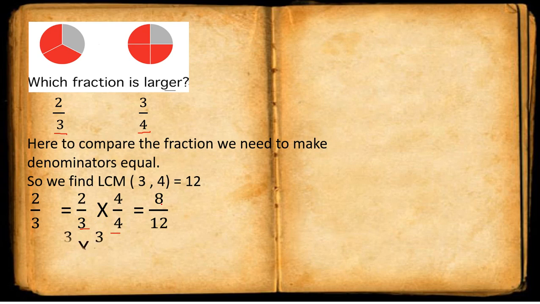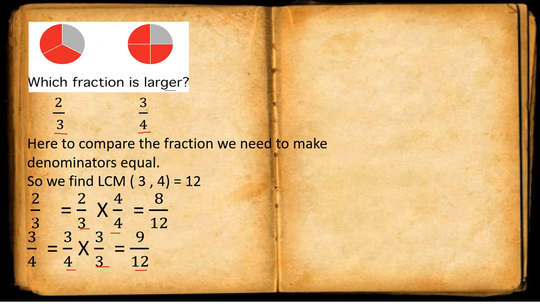Similarly, take the denominator 4 for the second fraction 3 by 4. Now this 4, when we multiply by 3, then we get the denominator 12. So when multiplied the denominator by 3, the numerator also is multiplied with the number 3. So 3 into 3 is 9.